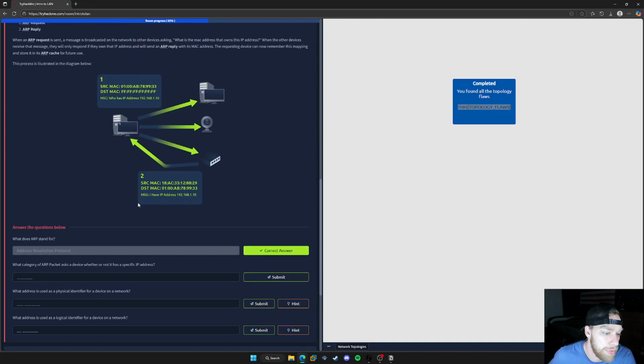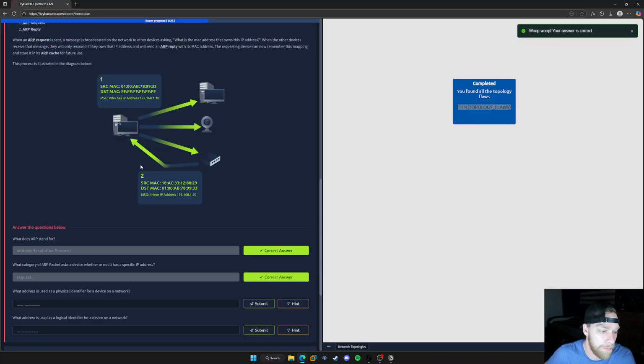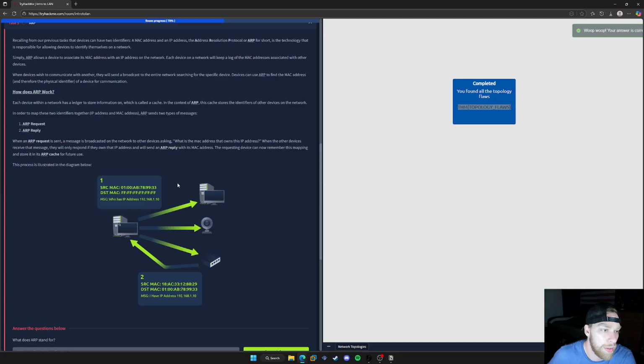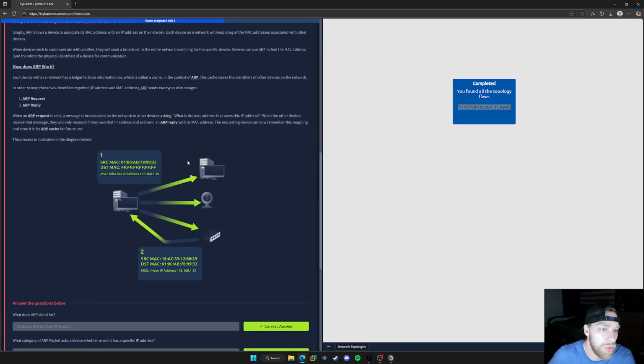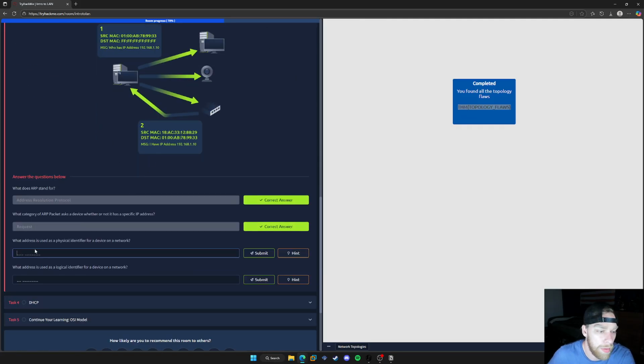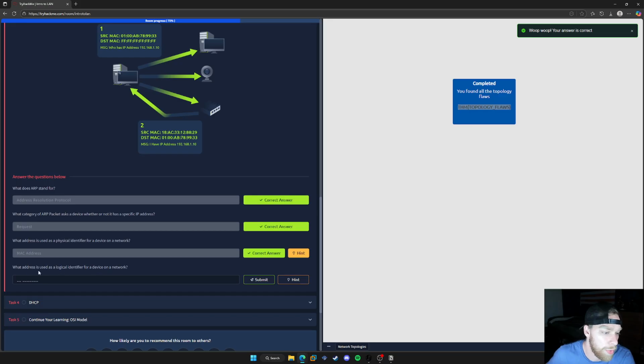So this is going to be your request. What address is used as a physical identifier for a device on a network? It's going to be your MAC address. What address is used as a logical identifier? This is going to be your IP address.